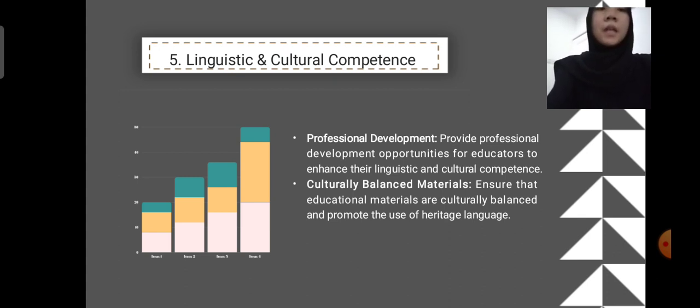And culturally balanced materials: ensure that educational materials are culturally balanced and promote the use of heritage languages. So by implementing these strategies, the government can promote the use and preservation of indigenous languages and national unity.